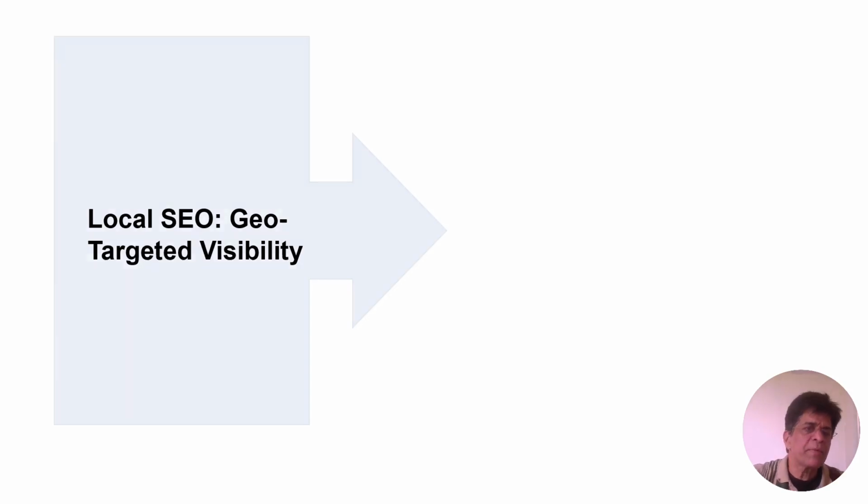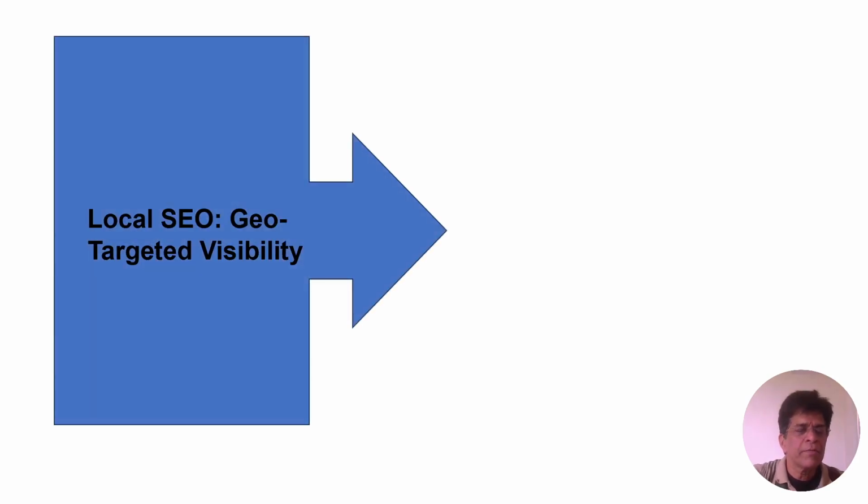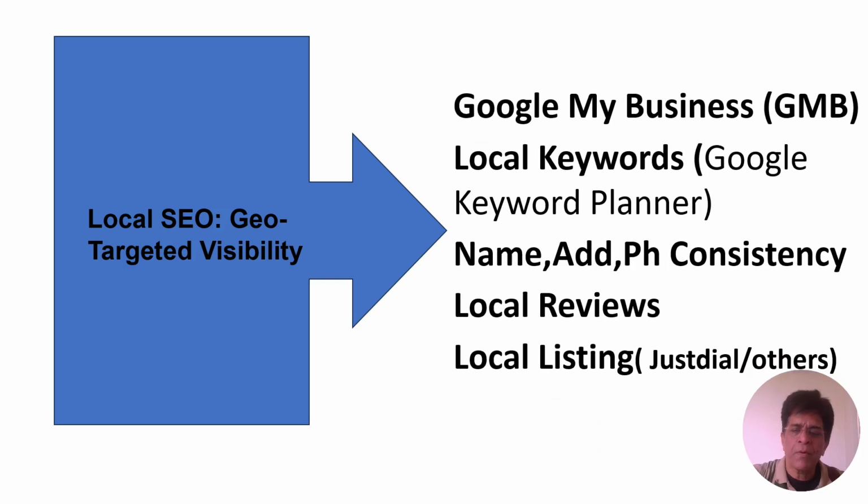If I have a local business in a specific town or city, a business shop, organization, or service that I'm providing, then there's an option called Google My Business. We have to enter all the details of our organization.